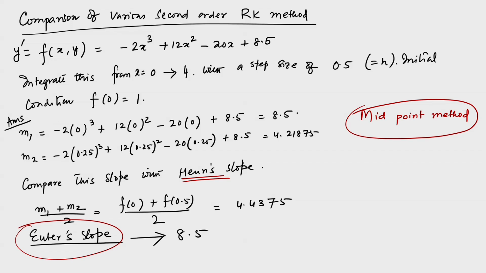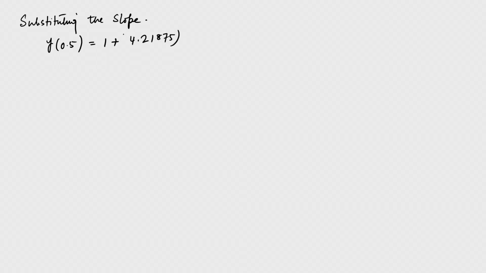So, suppose we are doing the midpoint method, we have to substitute the slope into the iterating equation. So, the value at 0.5 is 1.421875, and then one can multiply it by 0.5, and one would get 3.109375. Okay.